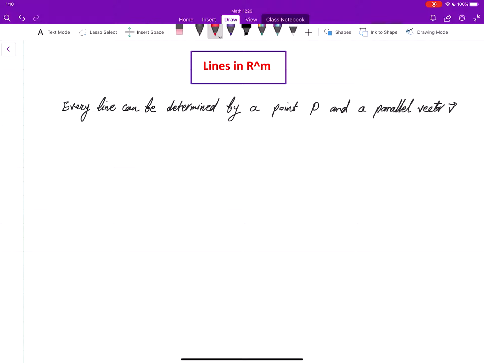The forms that we are going to write here are going to be exactly the same as before. In other words, we have two forms. One is called the point parallel form, which basically is x(t) equals P, the vector form of P, plus tV.